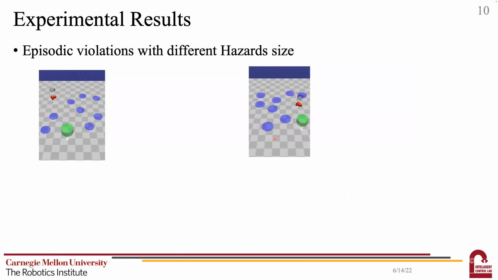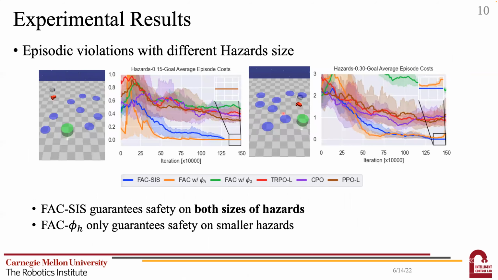We compare the episodic violations on tasks with different hazard sizes. This environment has small hazards and this has larger hazards. In the training results, our proposed algorithm guarantees safety, or zero violations, on both hazard sizes, while the empirical safety certificates only work on the smaller hazards case.